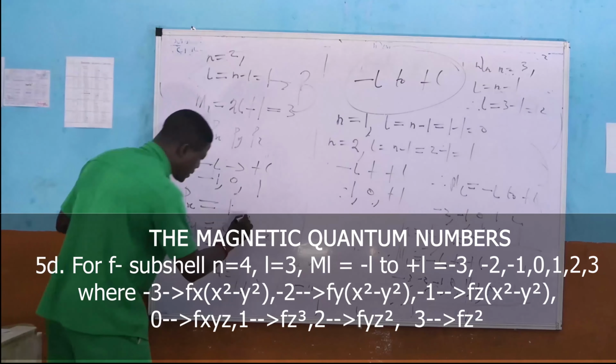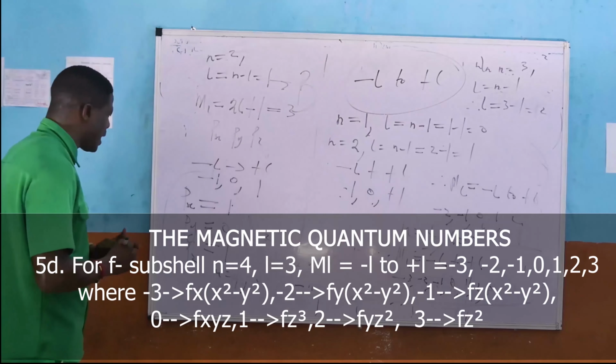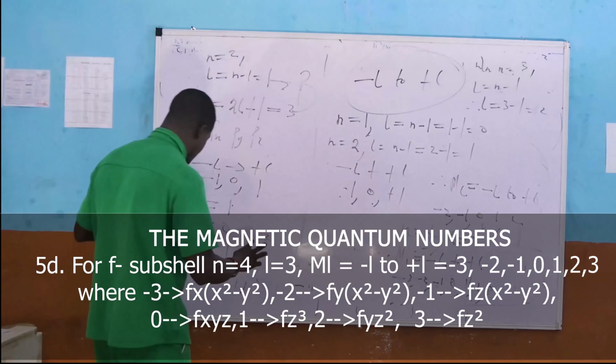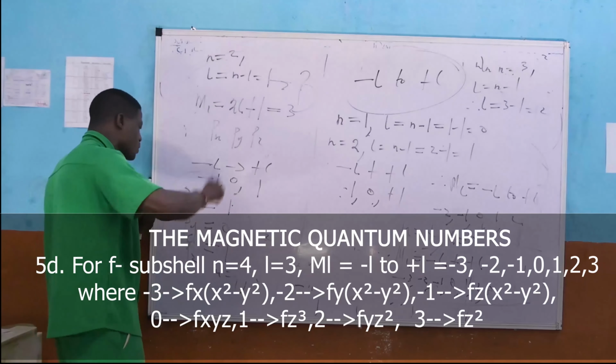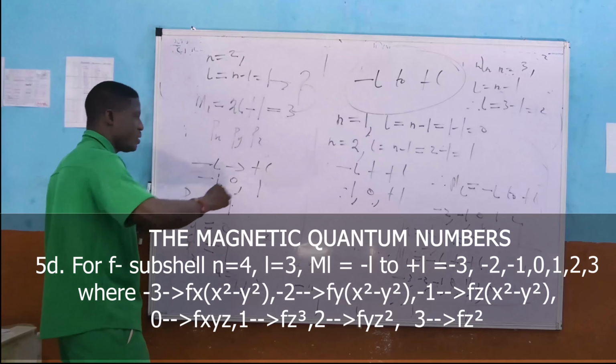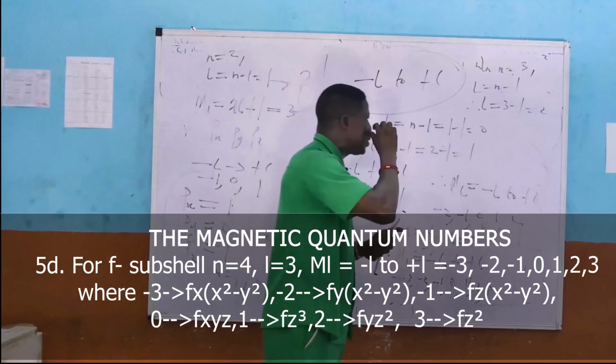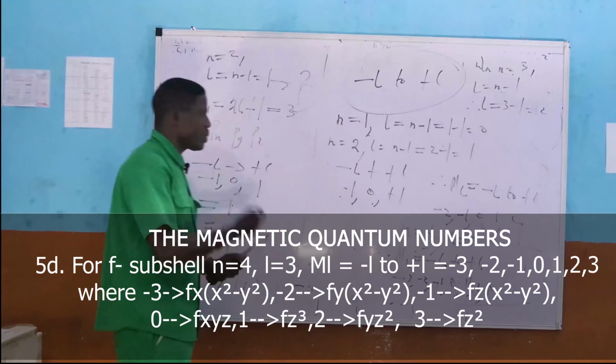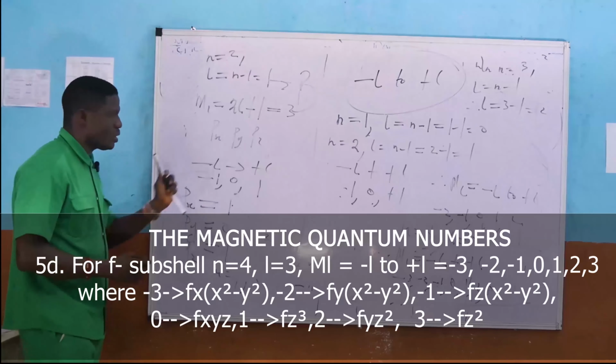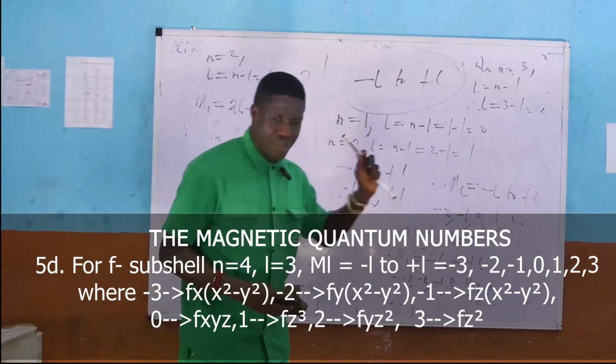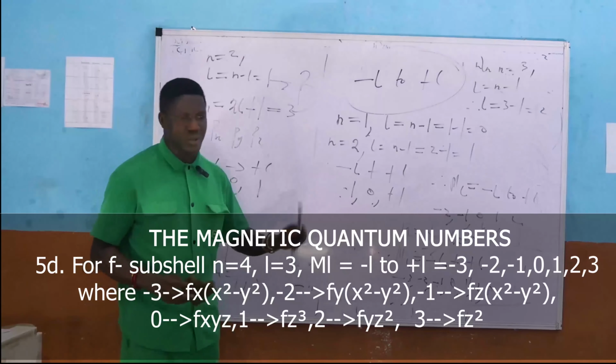So this is how you can assign possible quantum numbers to each of the subshells as contained in each subshell. Another very important piece of knowledge concerning the magnetic quantum number.